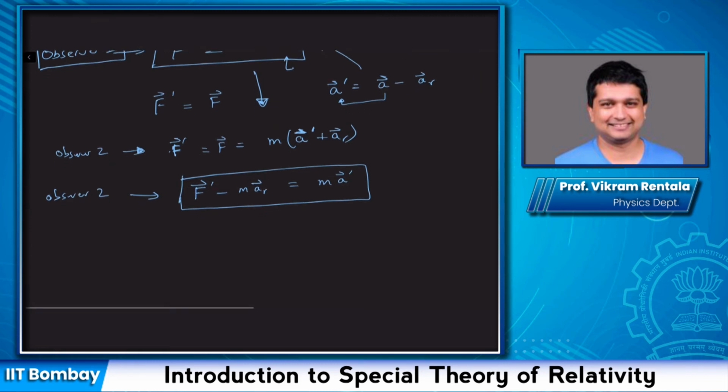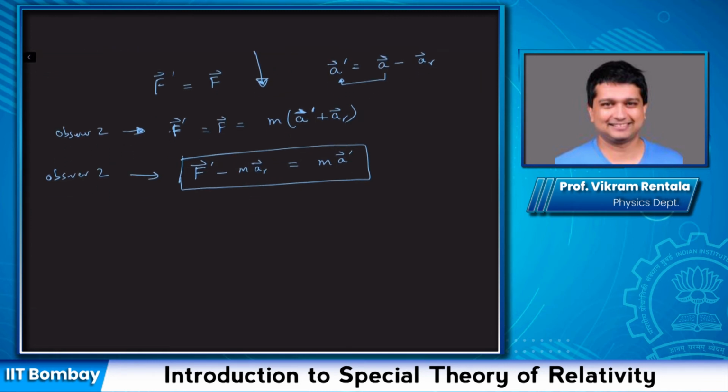And what this says is the force measured by the second observer produces an acceleration a prime, but only when I take into account an additional pseudo force which arises just from the fact that the second observer is accelerating with respect to the first observer.